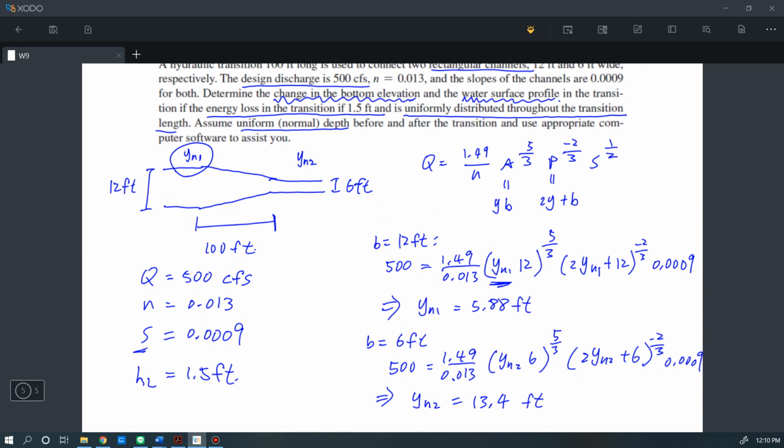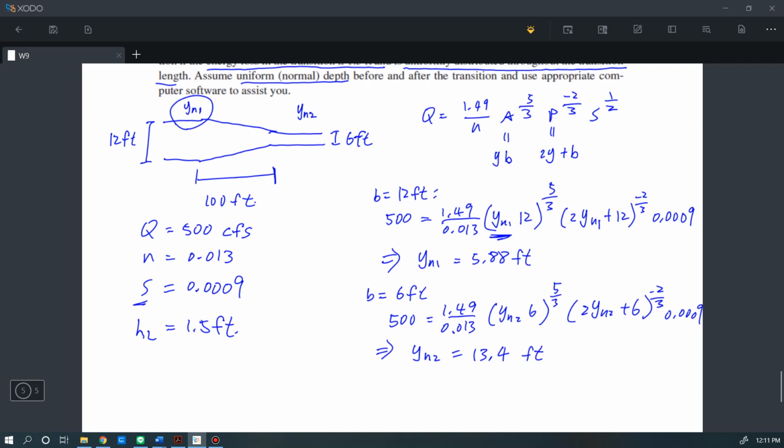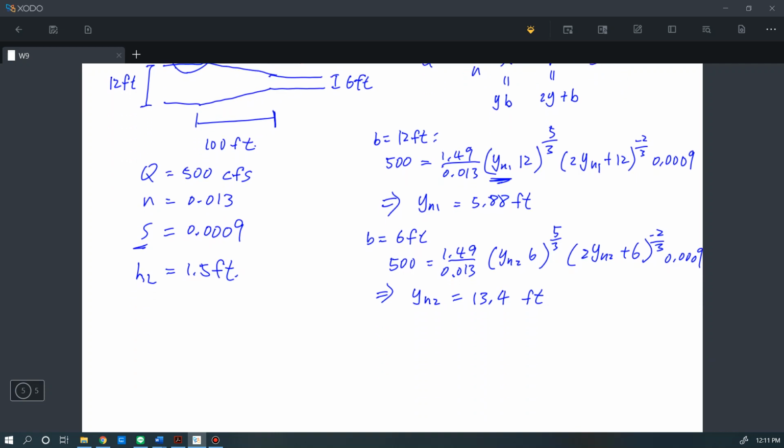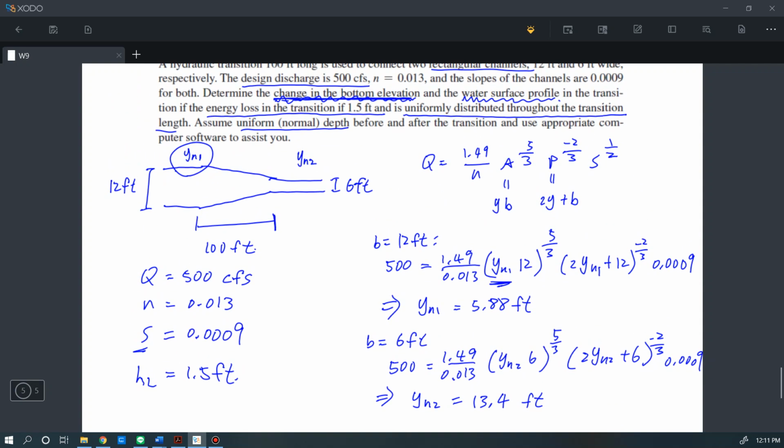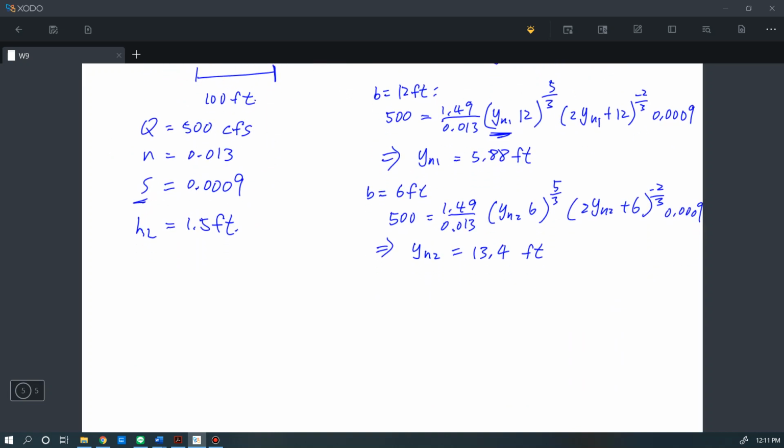Now we want to calculate how much the bottom elevation changes to satisfy the uniform flow condition stated in the problem. So we need to use the energy balance to solve this. Let's start another section here.